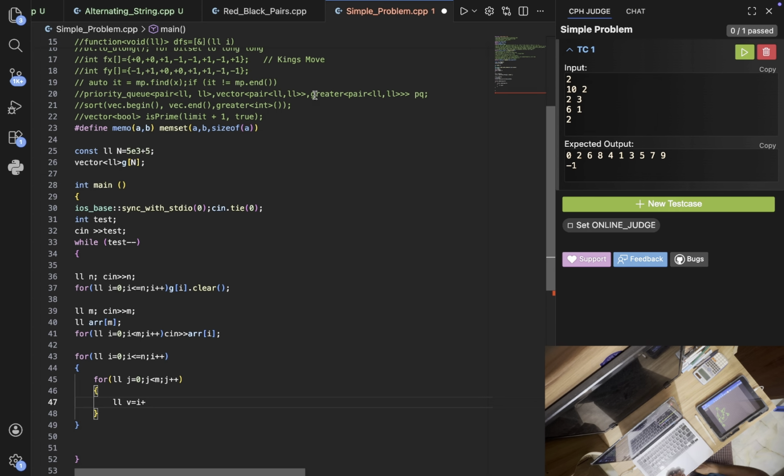Yeah, I think going to the smallest one is always better.